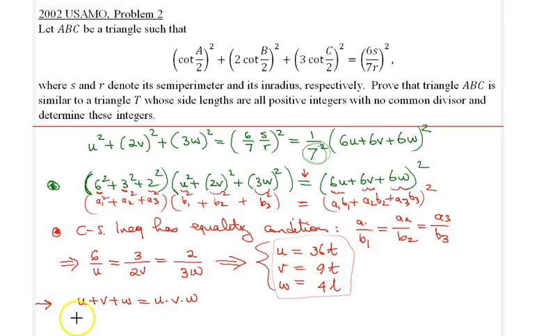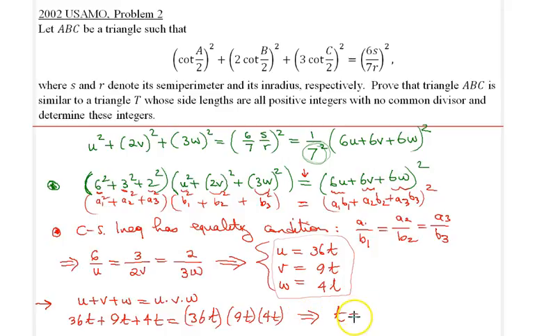So all we have now is 36t plus 9t plus 4t is equal to 36t times 9t times 4t, and solving this for t, we get that t is 7 over 36.